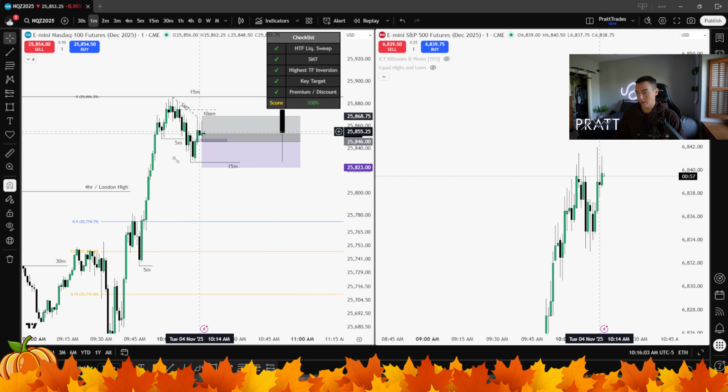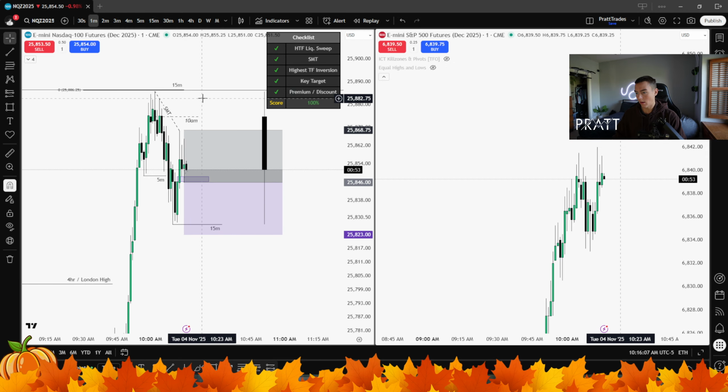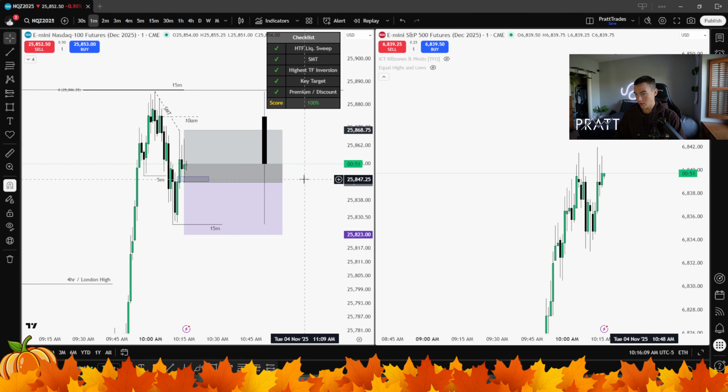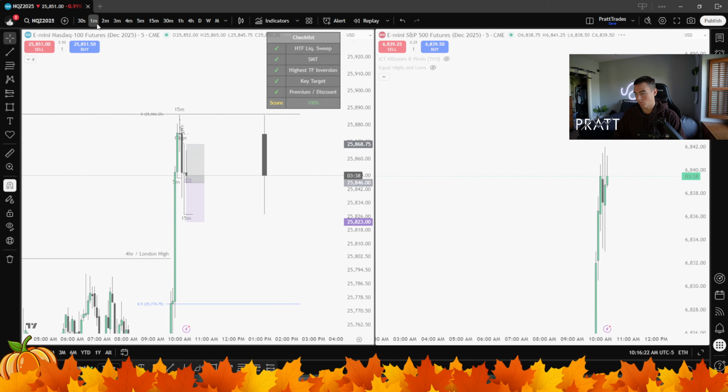It does fade the bullish bias, but I like the SMT a lot. And with this huge rip higher, we probably need to rebalance this range now too. Oh, I don't like that respect to the 1 minute though. Freaking chop, dude.